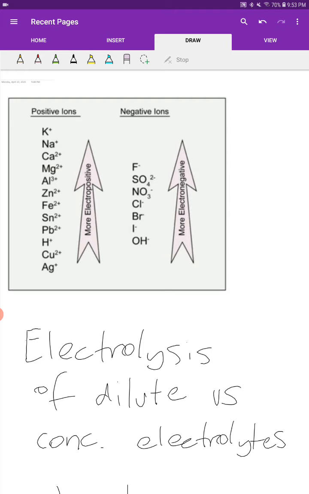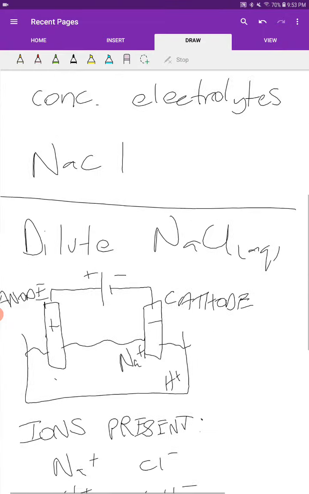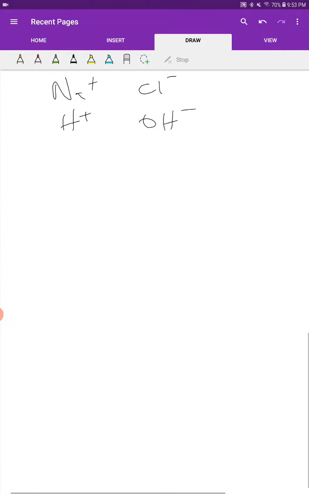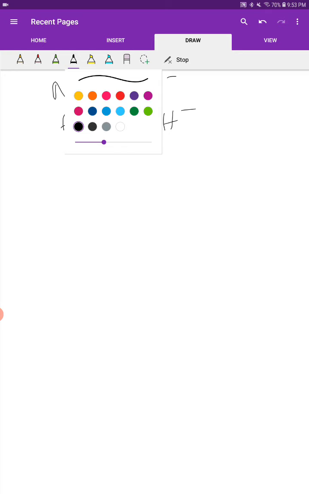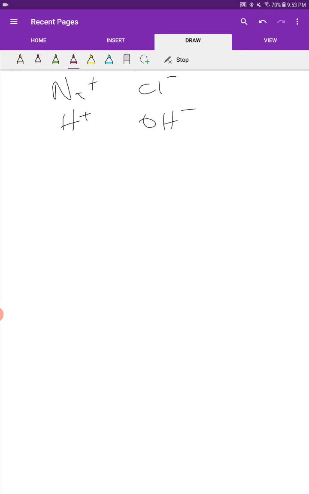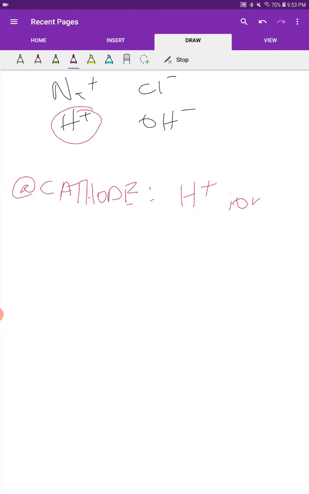Hydrogen is lower down the series, so hydrogen is what will get discharged. So at the cathode, H plus ions are discharged.